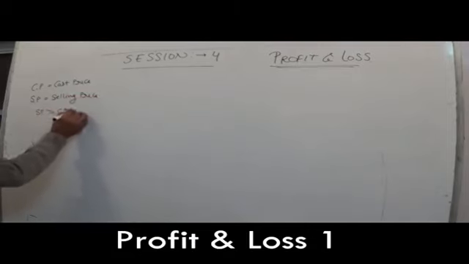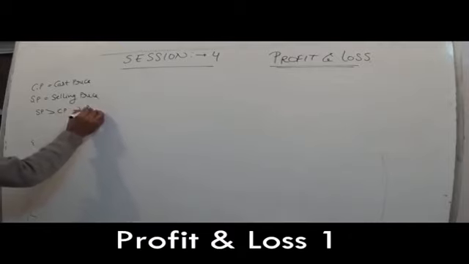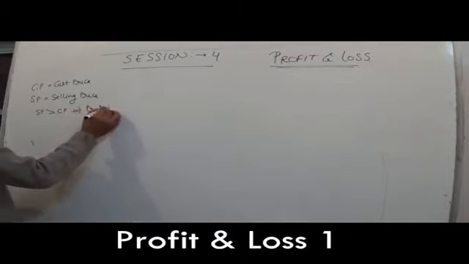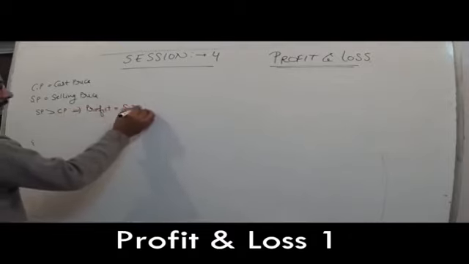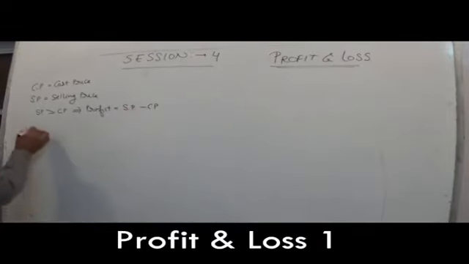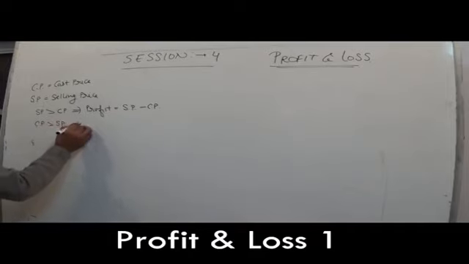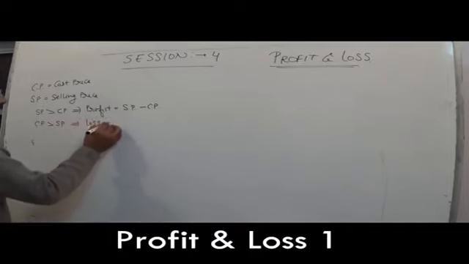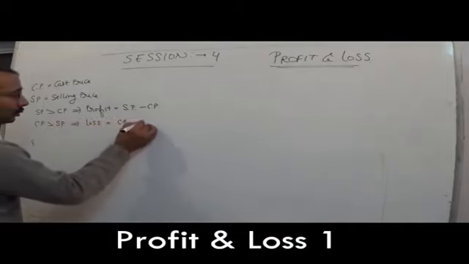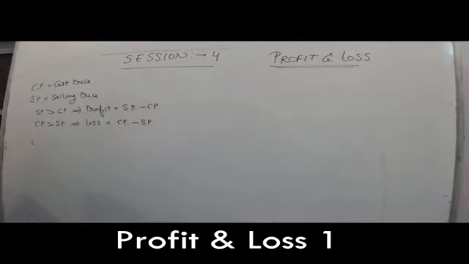So we can say that is the condition of a profit, and profit is always equal to selling price minus cost price. On the other hand, when cost price is greater than selling price, we can say there is a loss, and loss is always equal to cost price minus selling price.